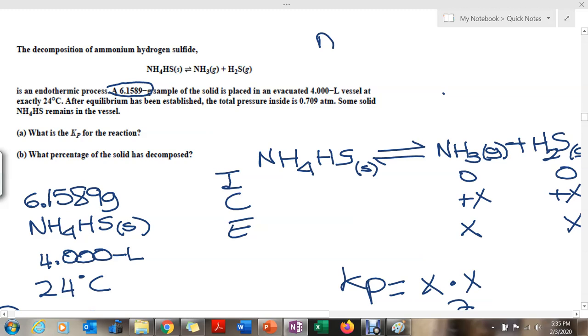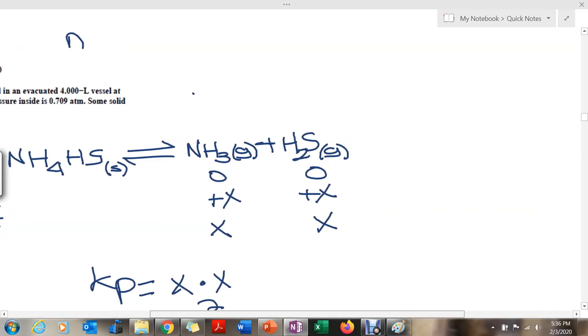Divided by the total moles initial of the sample. But how do you find the moles decomposed? Well, remember something. We got the partial pressure of this, partial pressure of this, and this is a 1-to-1 ratio. So you can know how much decomposed. But as I said, this is partial pressure. How do you find the moles? By using the ideal gas equation.